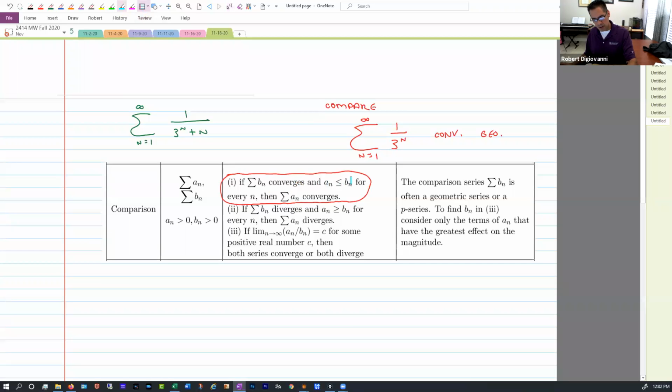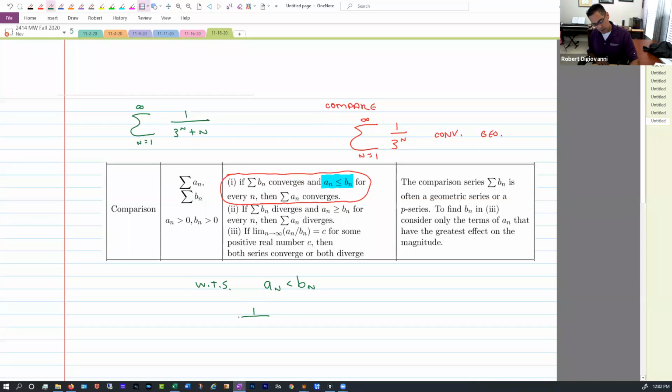So we need to show that this inequality is true, that all of these guys always remain smaller than all of these guys. And as long as we can show that, we're in business. So I want to show that A sub n is less than B sub n.